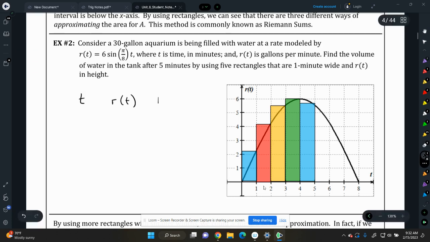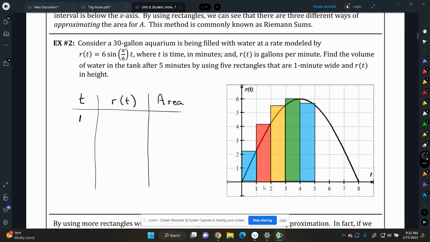So then I'm going to just do area, right? So when my T is 1, what's R? 6 times the sine of pi over 8. And I'm just going to save us some time, and we're going to say that's equal to 2.296.